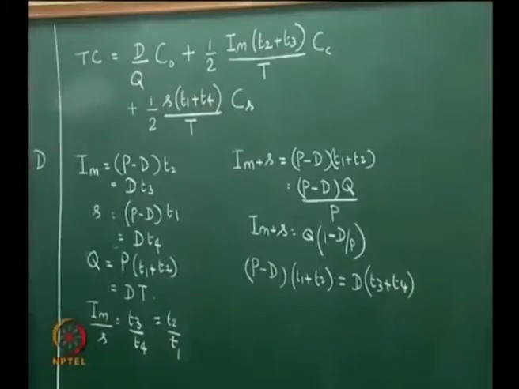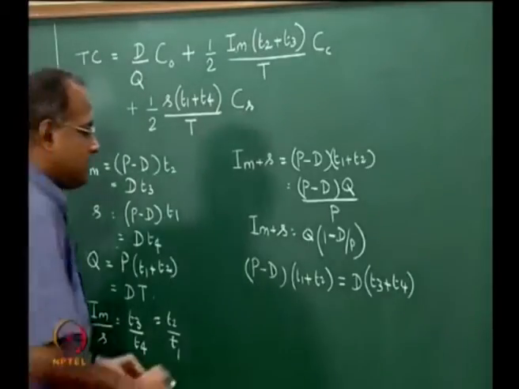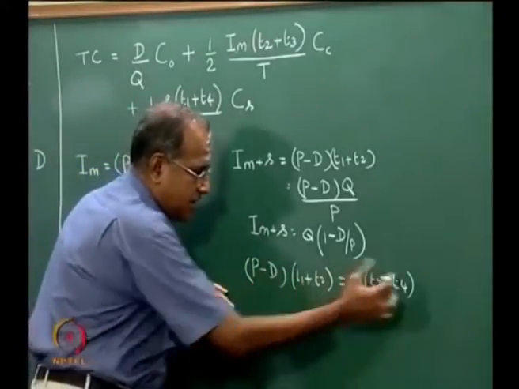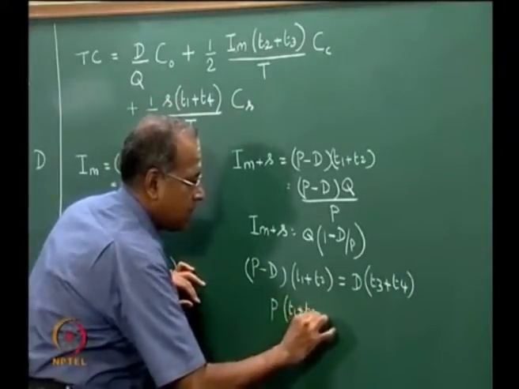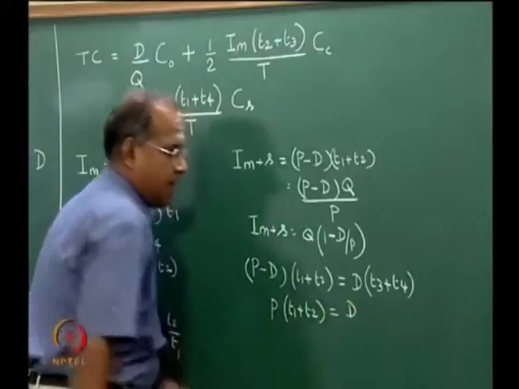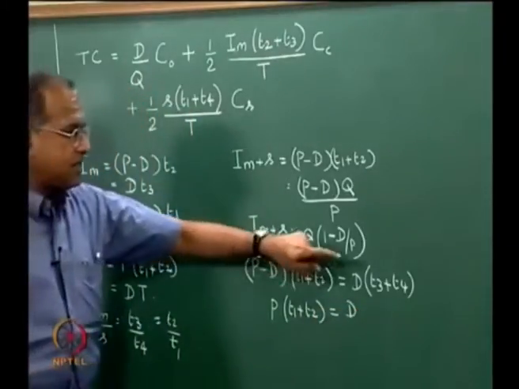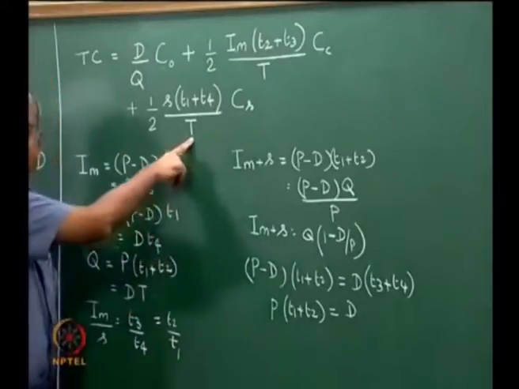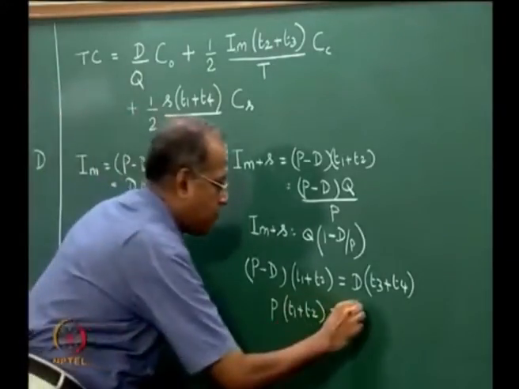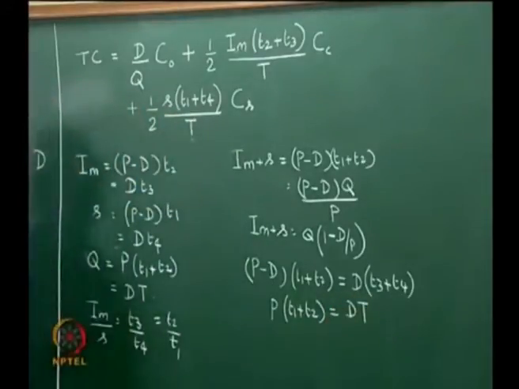Now, we take this D into (T1 plus T2) on the other side. So, P into (T1 plus T2) is equal to D into (T1 plus T2 plus T3 plus T4). We also know that this capital T is T1 plus T2 plus T3 plus T4. So, this is equal to DT.